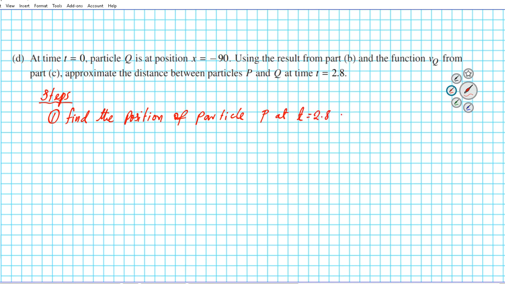That's the same thing as x of P of 2.8. We're going to use the answer we got from part B to get this one.